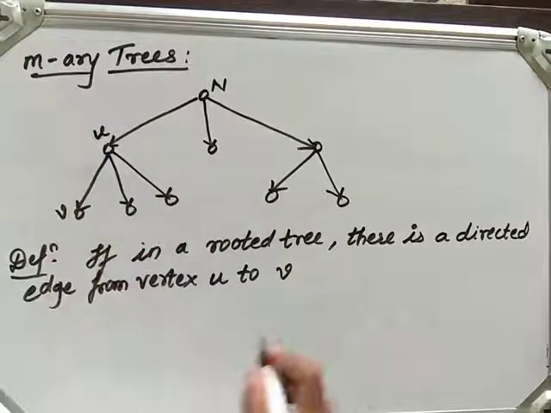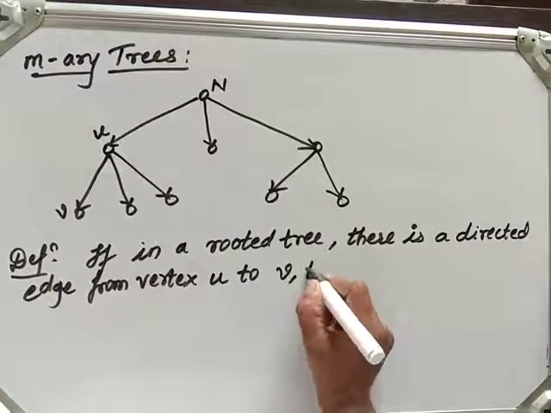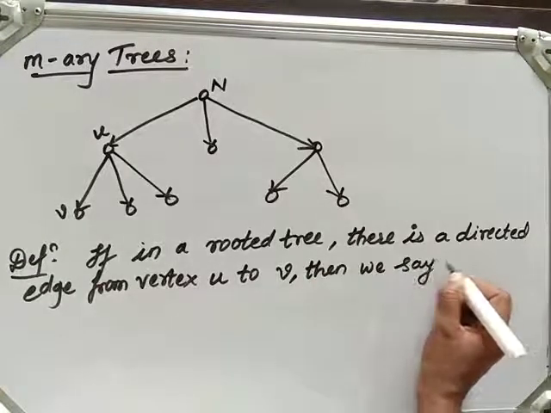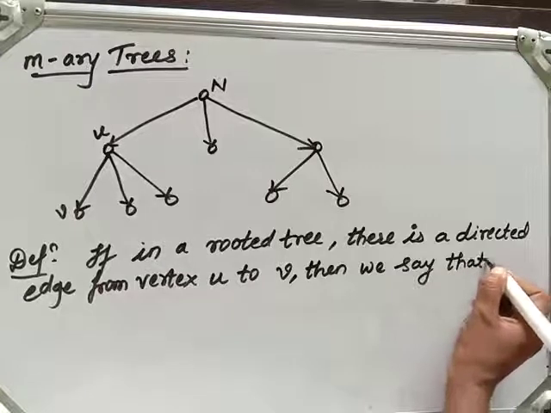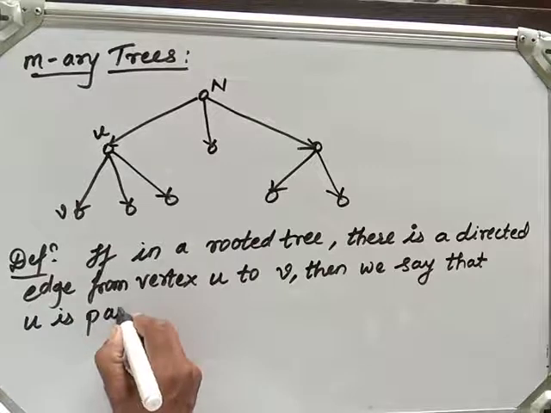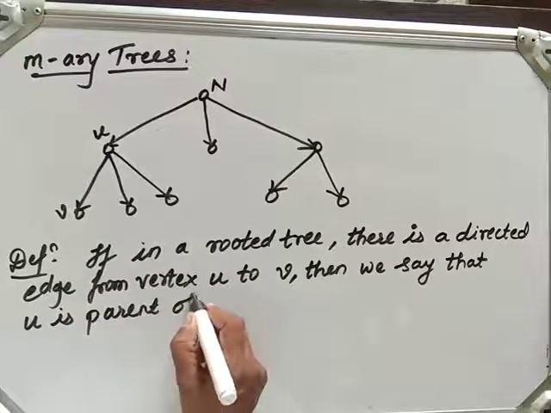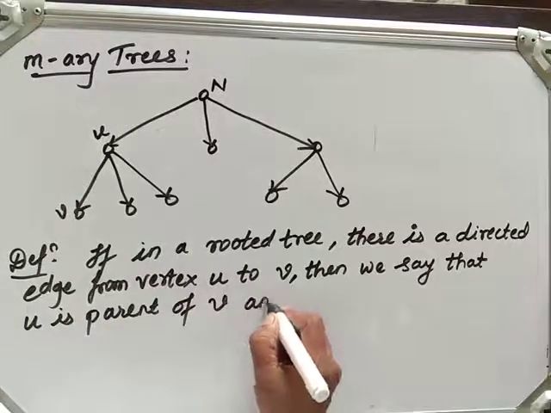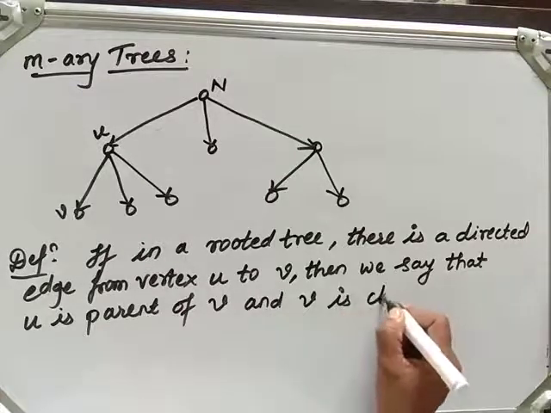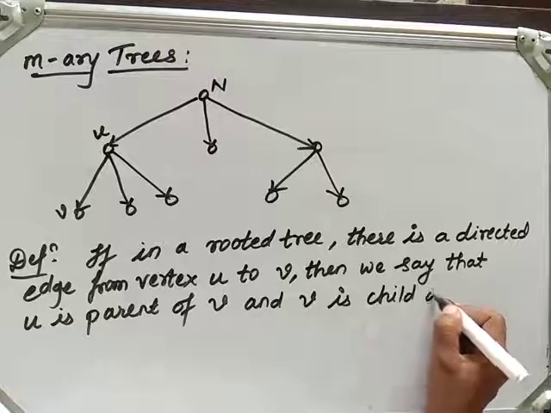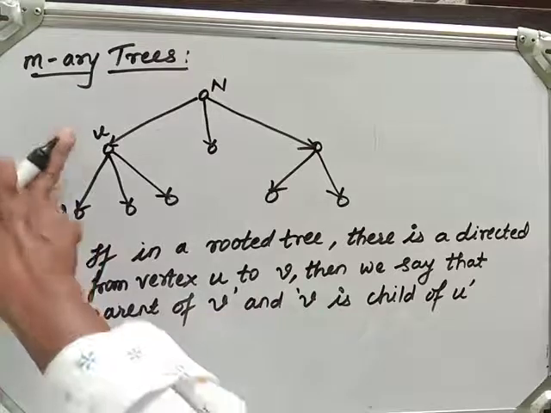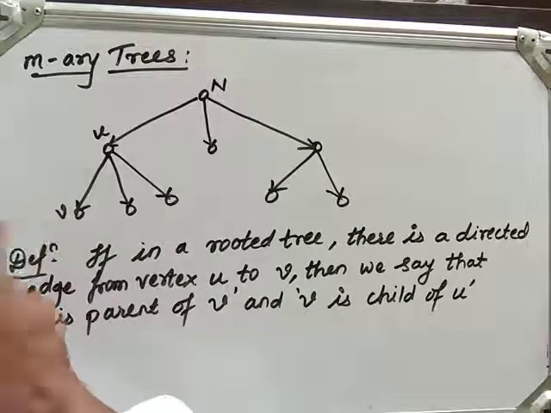Okay, u to v. Then we say that u is parent of v, and this v is child of u. Remember, these are important things. This u will become a parent and v will become a child.